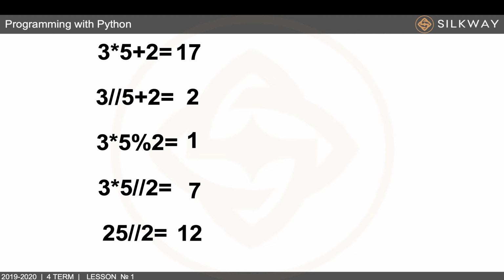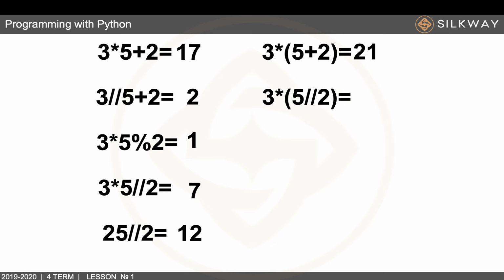Yes, because if there was only one slash, it would be 12.5, but there's a double slash, or floor division, that's why it's 12. Next example. The result is 21 because of the parentheses. But if there were no parentheses, the result would be 17. Parentheses change everything.